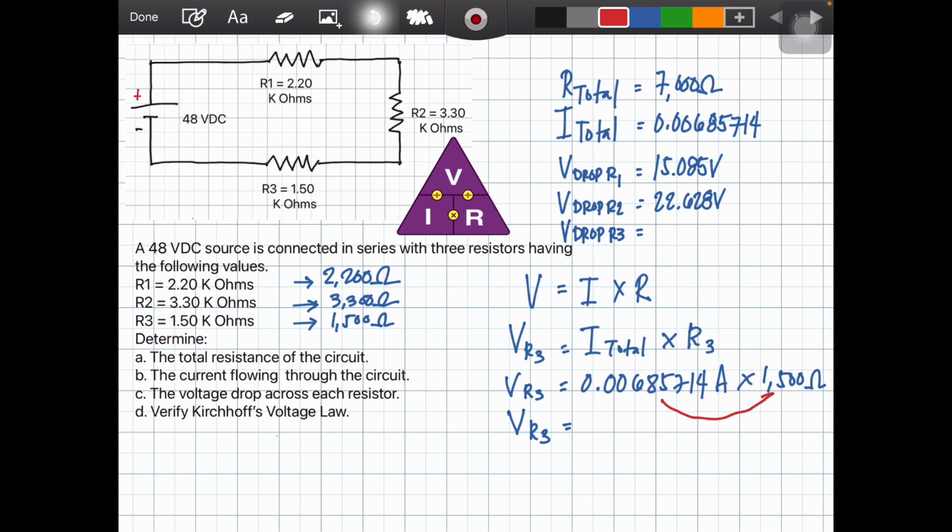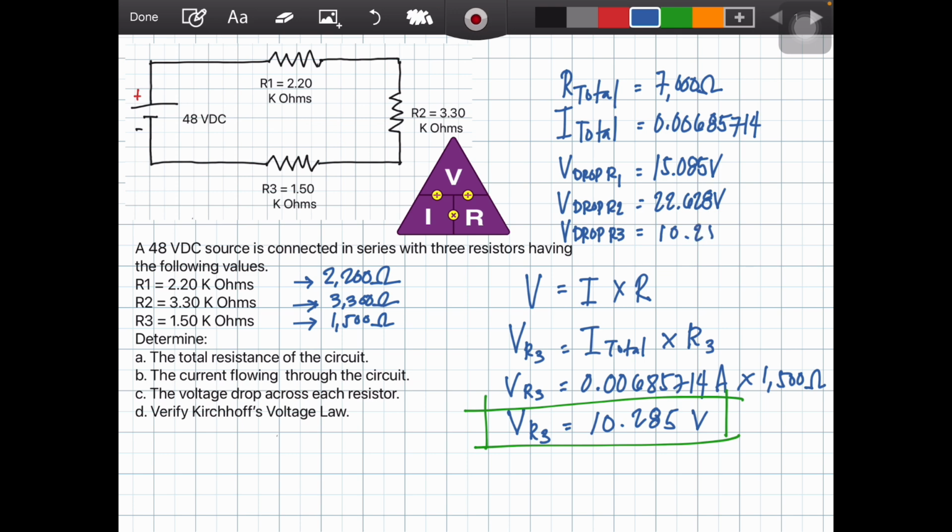When we multiply those two, we get 10.285 volts. Now we have the voltage drop for the third resistor. We write it there, 10.285 volts. Now it's complete.